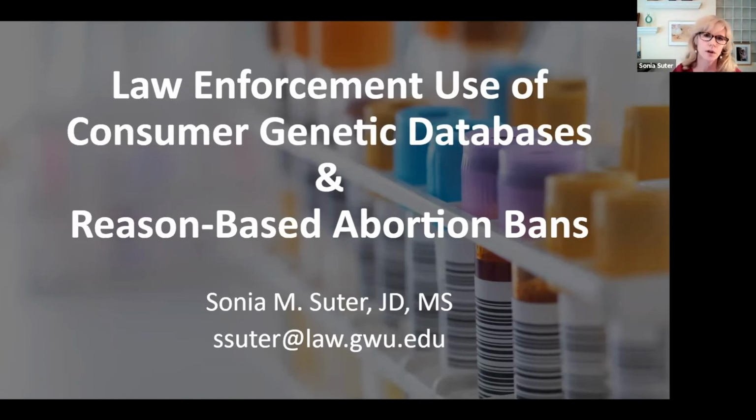These are important areas with respect to public health genetics because they impact individuals' attitudes towards genetic testing, particularly the forensics, and options once people get testing with the reason-based abortion bans. I also want to talk about these 2 areas to compare how different the policy approaches have been. Now, in the first area, policy is just starting to be made, so it's a work in progress, but I just want to compare 2 different approaches so you get a feel for how in the legislative realm, policymaking can really differ. Next slide, please.